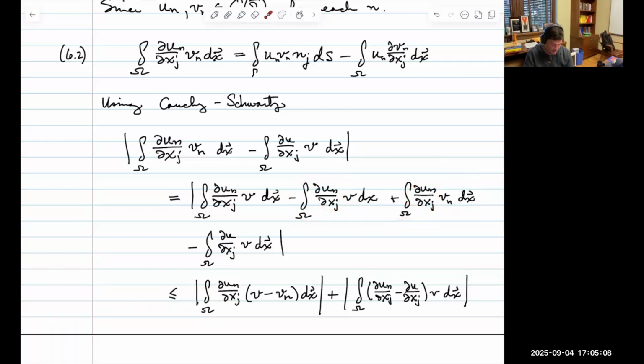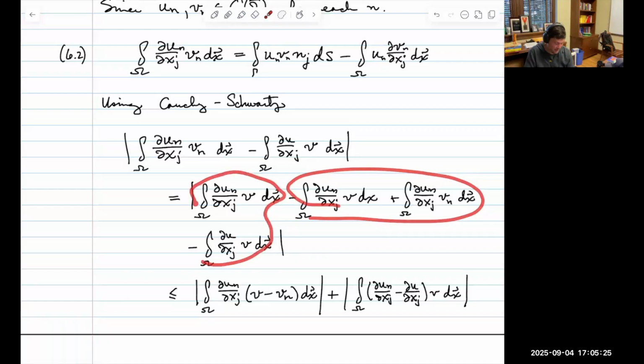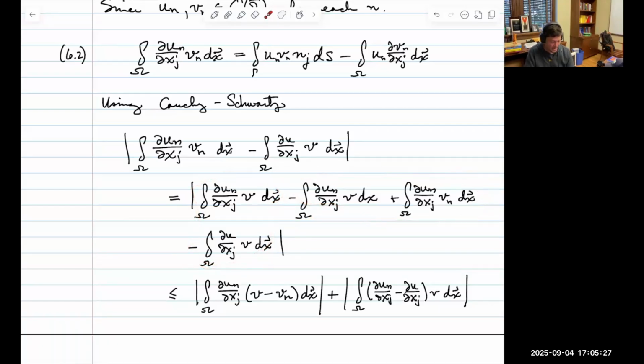Okay, so I think I have it. These two terms combine to give me that one. And then I'm going to look at these two terms. They should have the same and then the difference. Yes, okay. So I'm comparing these two and then these two. They have to have opposite signs. Okay, and then I'm going to use the triangle inequality.